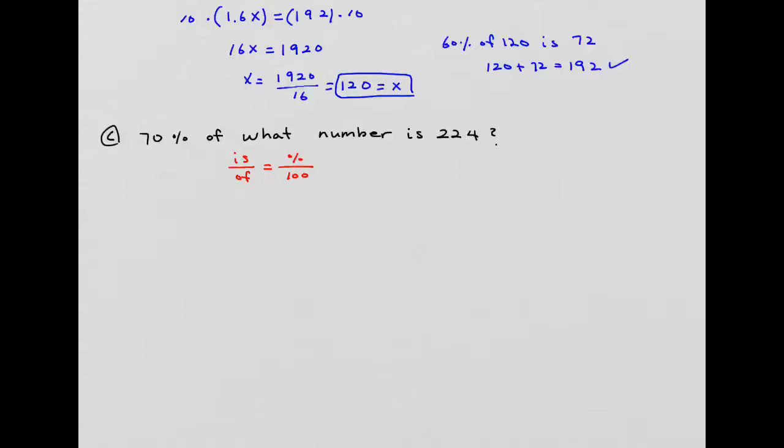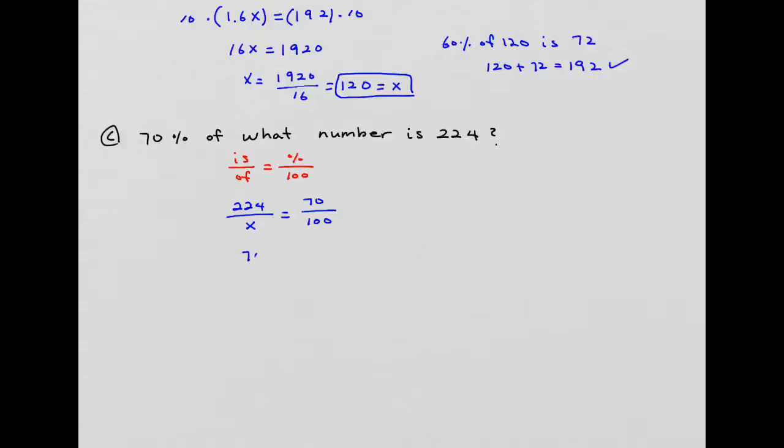If we replace that, is is going to be 224. So it will be 224 over x equals 70 over 100. Once we replace the numbers, we can use cross multiplication.